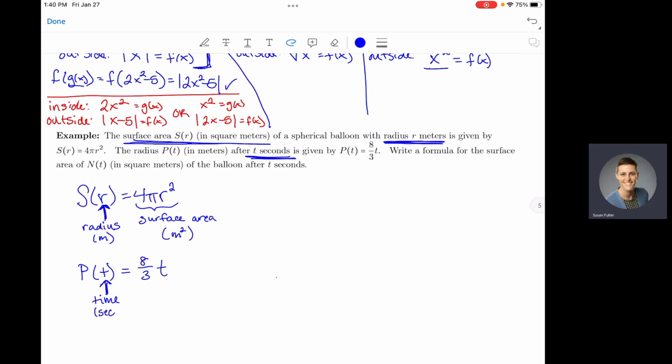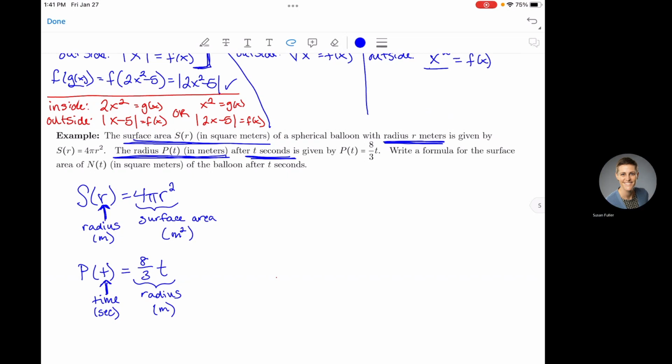So we're going to put a time in seconds into this function. And what is coming out of this function P? Let's see, right here, the radius, P of t in meters. So this actually represents the radius in meters. Okay, so in P, we put time in seconds in, and we get a radius in meters out.